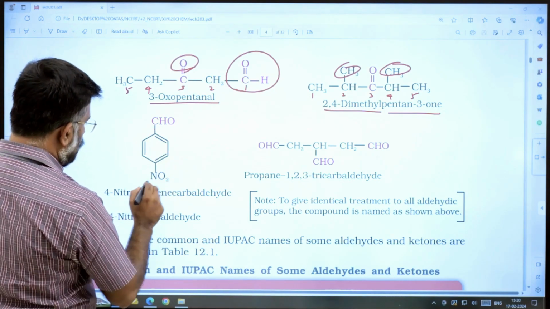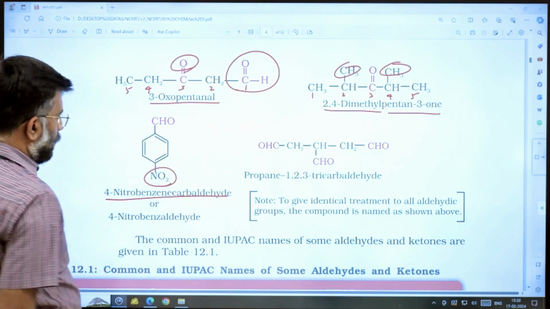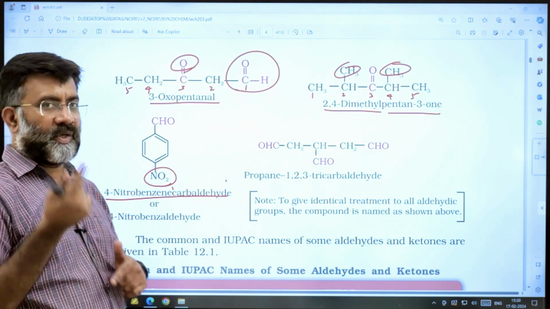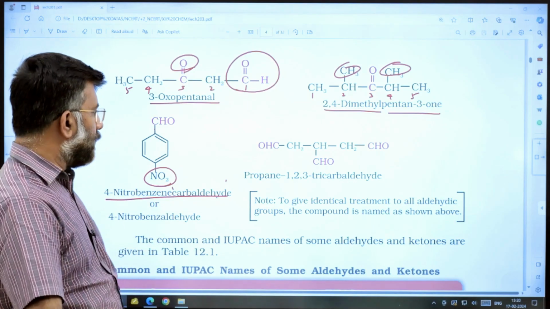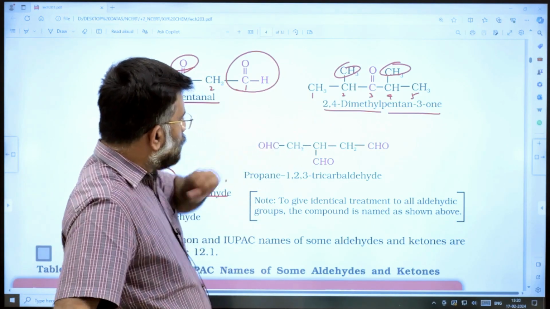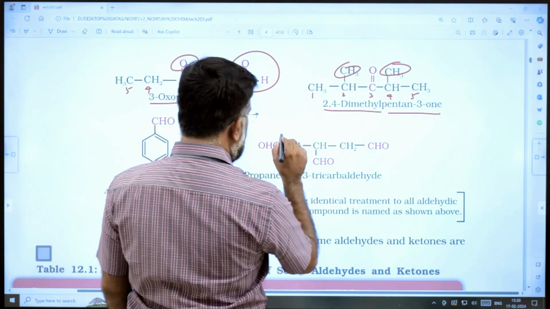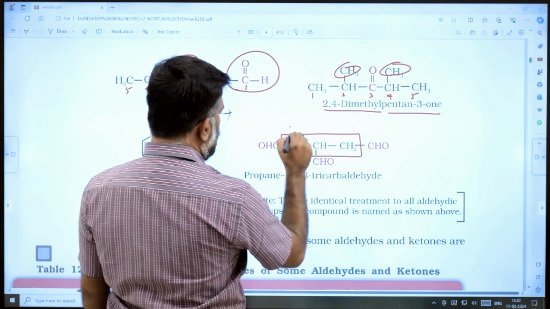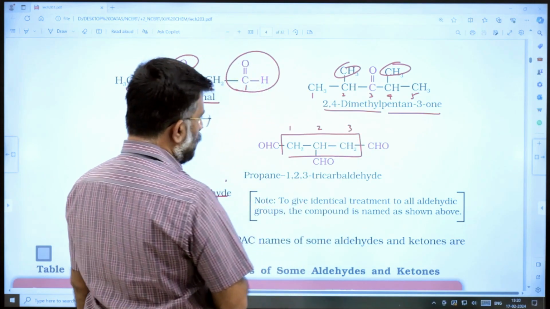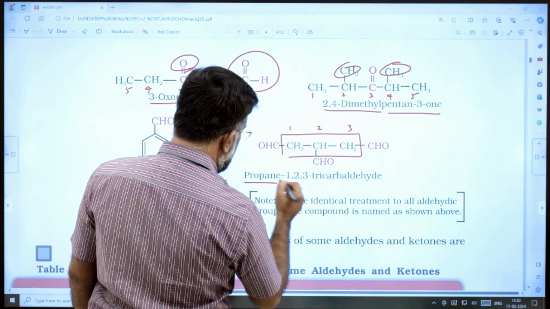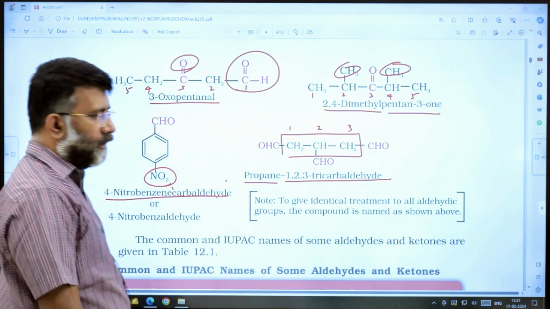What is here? 1, 2, 3, 4. 4-nitrobenzaldehyde or 4-nitrobenzene carbaldehyde. Here we have something special. In such a molecule, we need to take this as the parent chain. So it will be 1, 2, 3, propane 1,2,3-tricarbaldehyde.